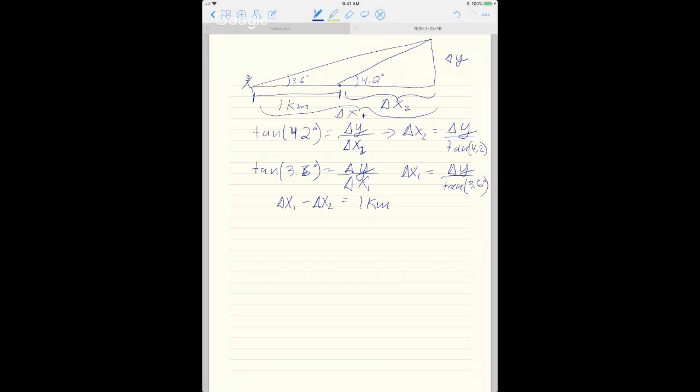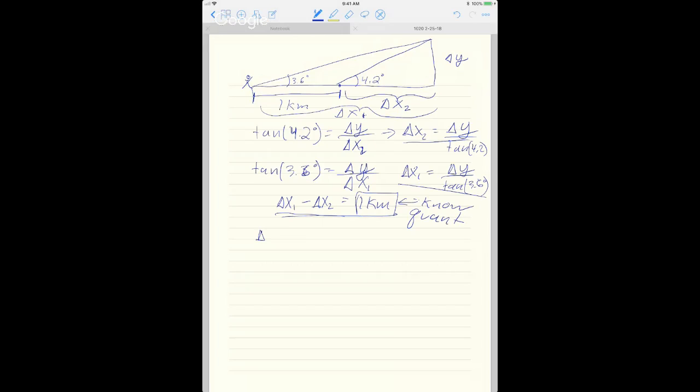All right, so now I have delta x2 in terms of delta y, delta x1 in terms of delta y, and I have those two things related by a known quantity. If these are truly equal, and we've established that they are, and we have this relation, let's just fill in the pieces.